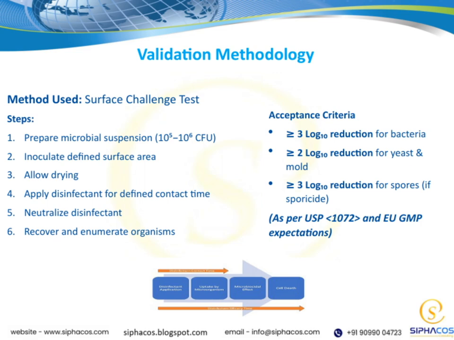Following that, we neutralize the disinfectant to stop its action, and then recover and enumerate the remaining organisms. This process helps us accurately assess the disinfectant's effectiveness in real-world conditions, ensuring we meet the necessary microbial reduction standards. Overall, these criteria and methods are essential to validate that our disinfection processes are reliable and effective.